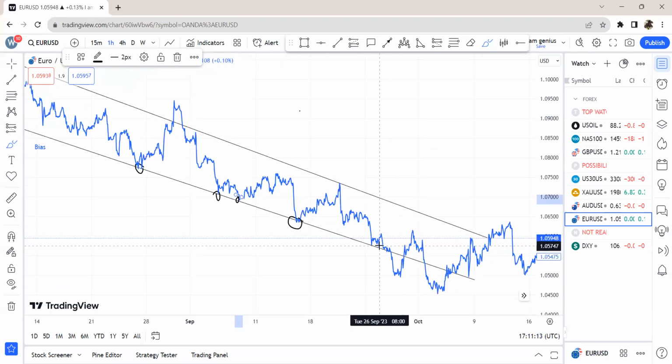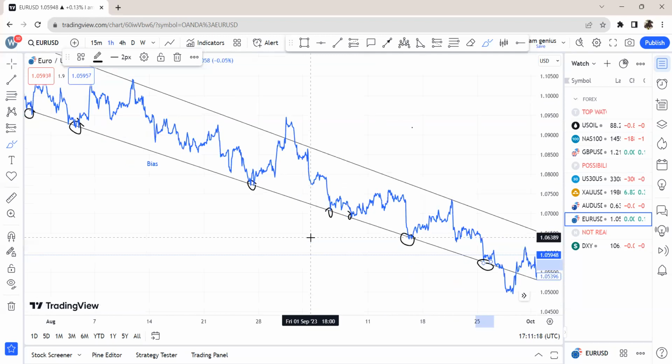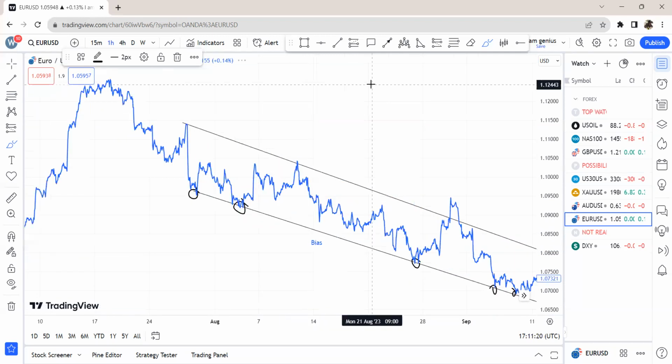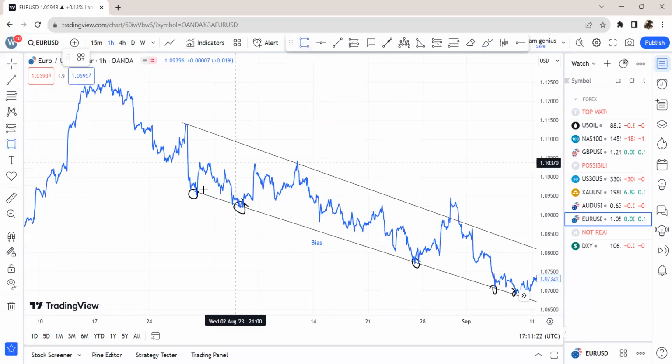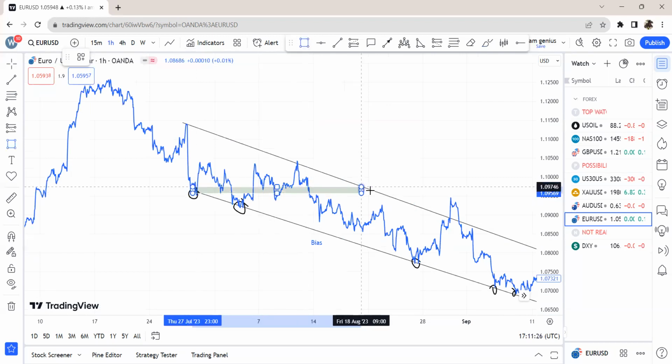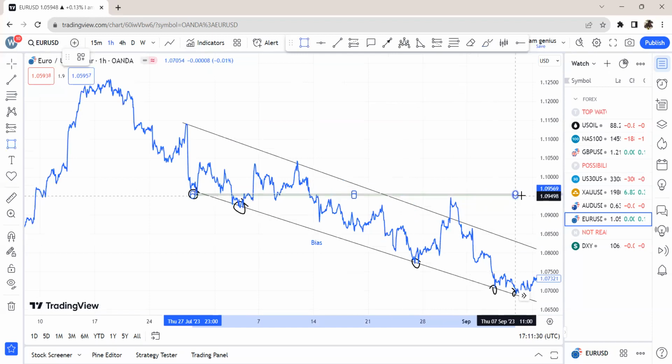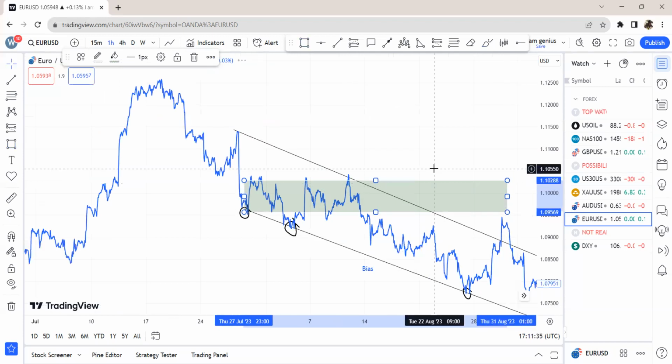Once I've marked out those ones, what I want to do now is to get a triangle. From that point, extend it to the right. Does that make sense?